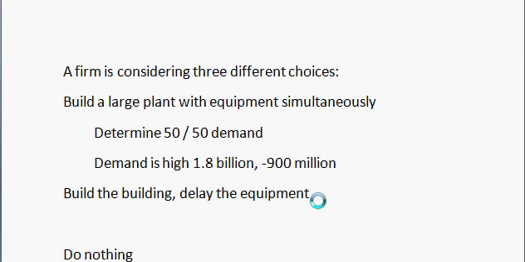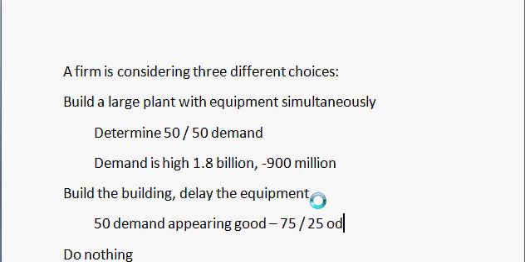All right, if we delay, we get some information about whether demand is likely. So we have a 50% chance of demand appearing good, which then gives us 75-25 odds of actual good results.